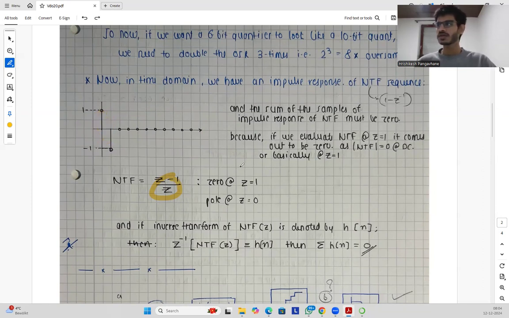If the inverse z-transform of NTF of z is denoted by h of n, then the summation of h of n, where n goes from 0 to infinity, should be 0. This is what it means mathematically.